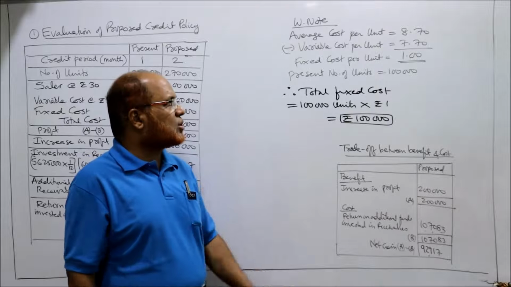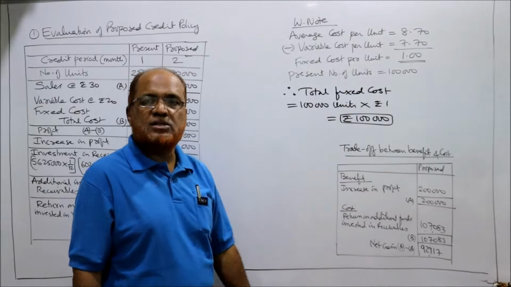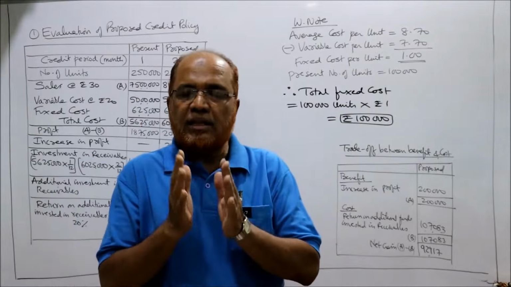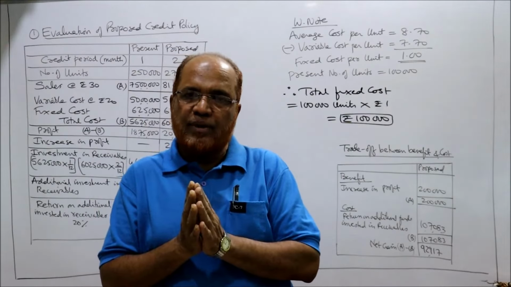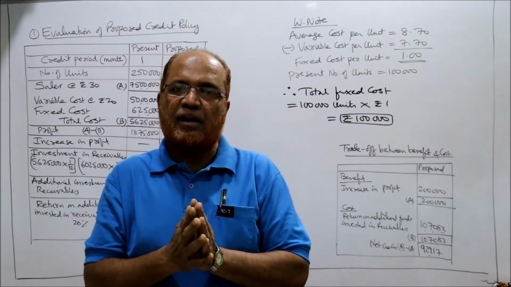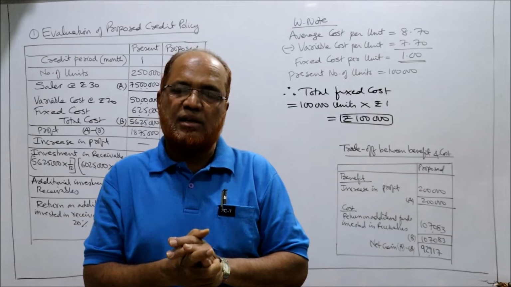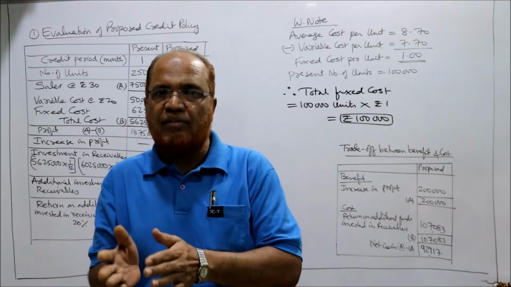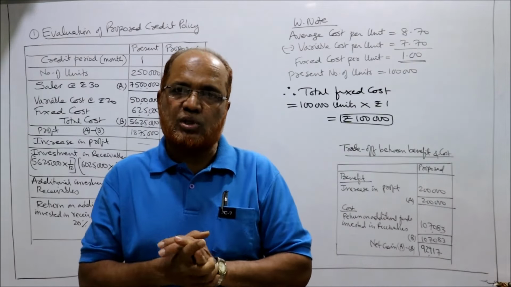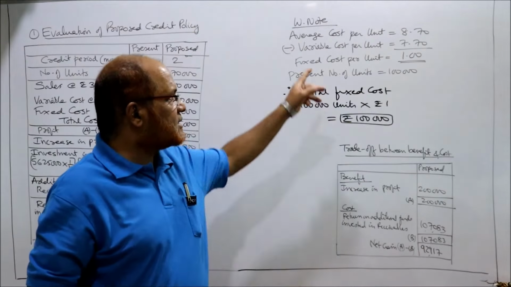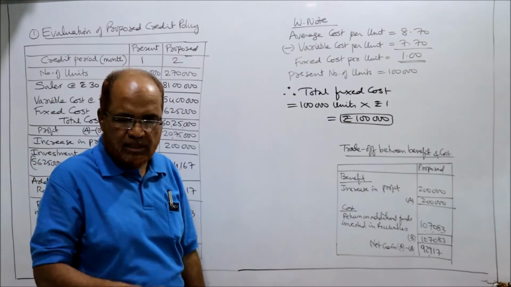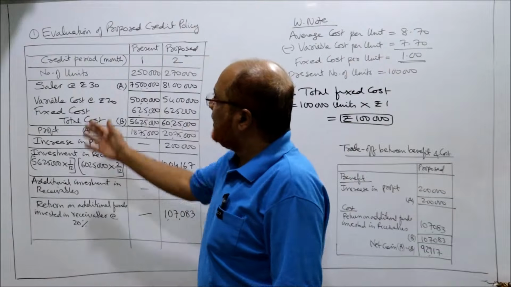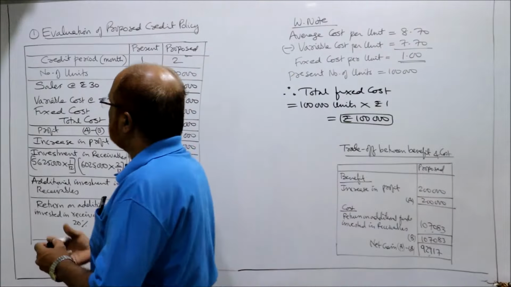The total fixed cost is 1 lakh units into 1 rupee, total 1 lakh rupees. And this fixed cost will remain same whether we give 40 days period or 60 days. Whether it is 1 lakh units or 1,15,000 units, the fixed cost will remain same. This is the working note in this problem. Now, evaluation of proposed credit policy, second problem.